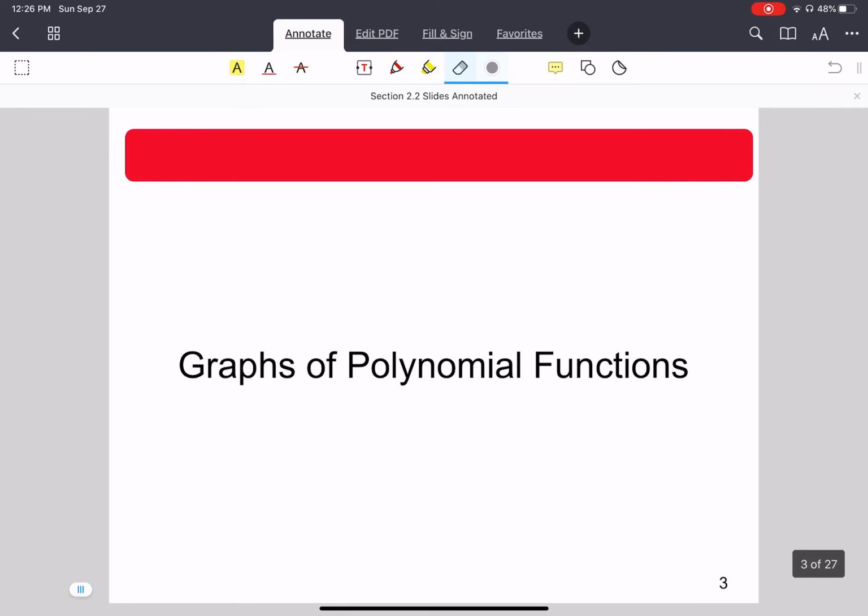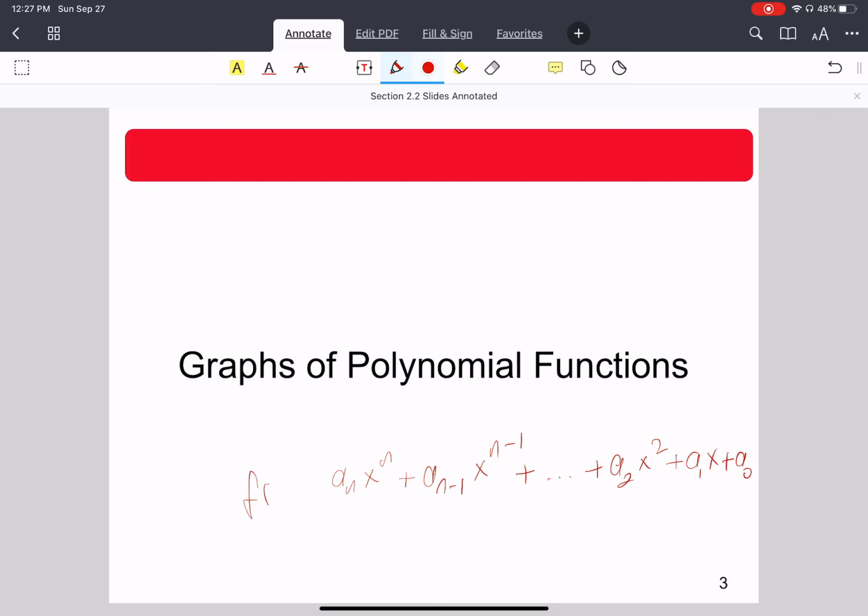Now we're going to talk a little bit about graphs of polynomial functions. Again, polynomial is an umbrella term for functions that look like a sub n x to the n plus a sub n minus 1 x to the n minus 1, going in a similar direction, looking like a sub 2 x squared plus a sub 1 x plus a sub 0.